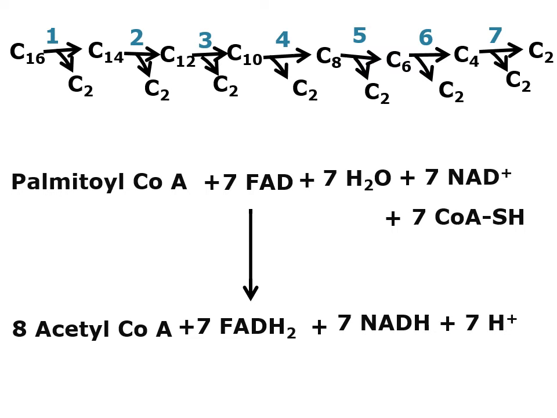Each time 2 carbon atoms are removed. I told you it is made up of 16 carbon atoms. So how many acetyl-CoA would you get? 16 divided by 2, 8 acetyl-CoA. So 1, 2, 3, 4, 5, 6, 7, 8. So how many times should the cycle run to get these 8 acetyl-CoA? 1 is the complete reaction.